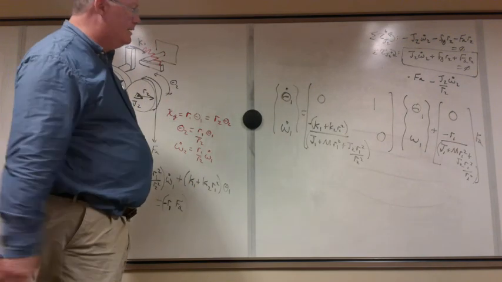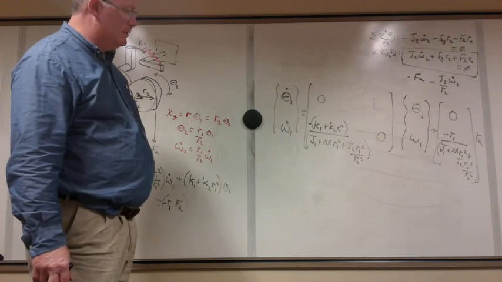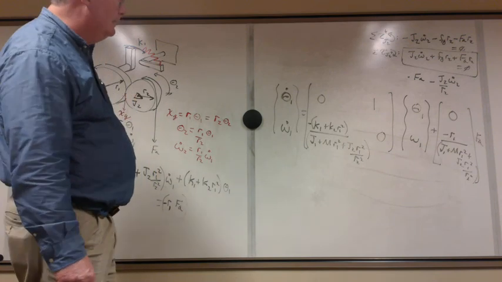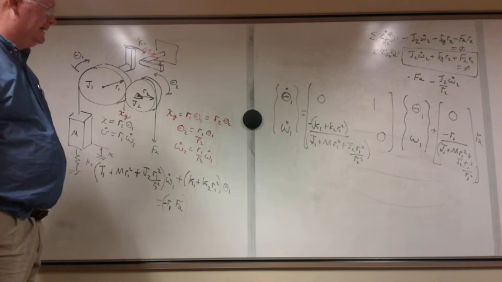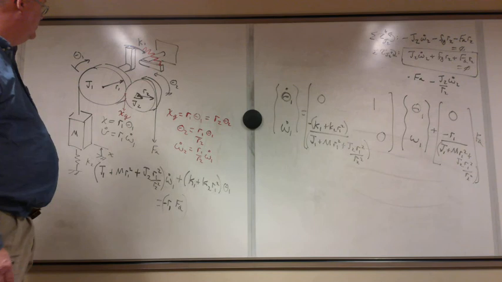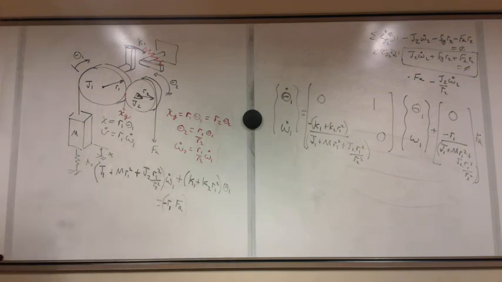As far as it's a negative R1 in the numerator, the denominator is J1 plus M R1 squared plus J2 R1 squared over R2 squared. Alrighty then, that's the answer to this rotational problem. So, I hope that helps, and I'm going to stop this recording and move on with another one.